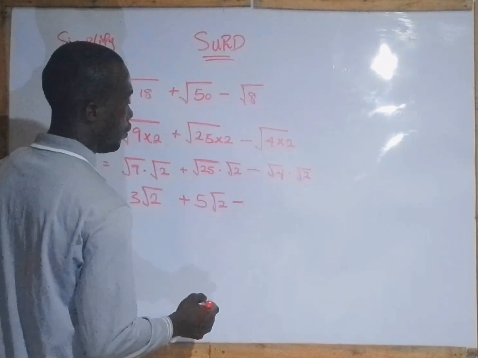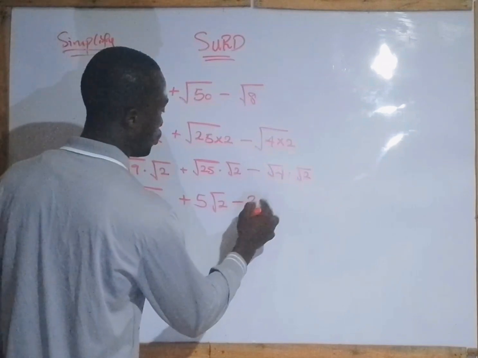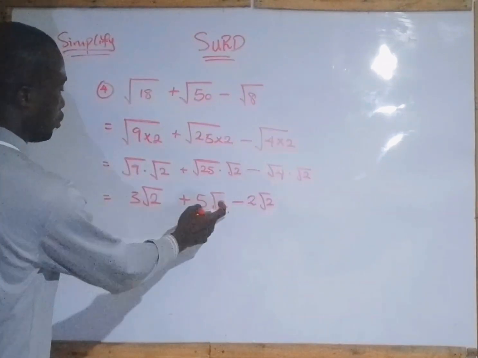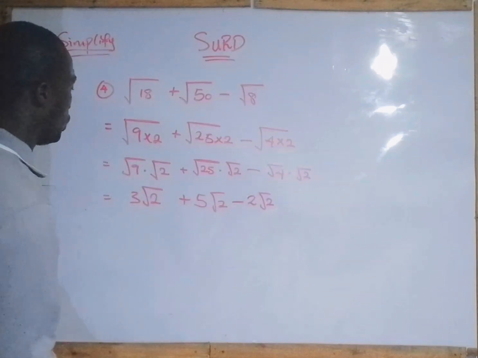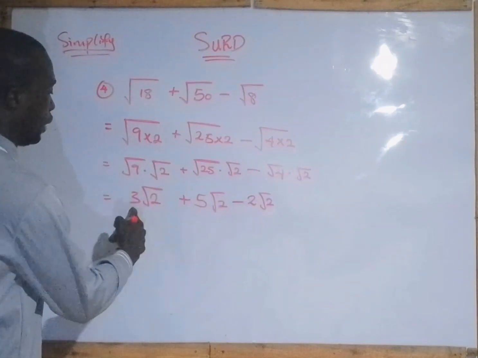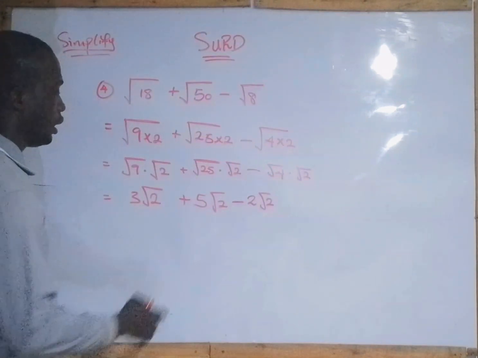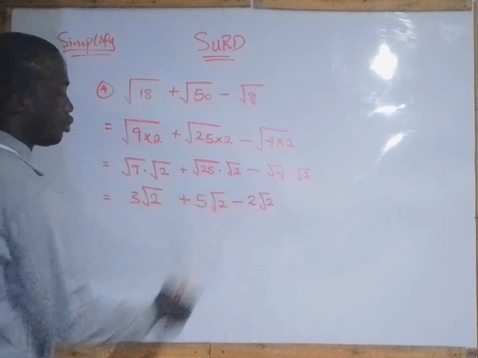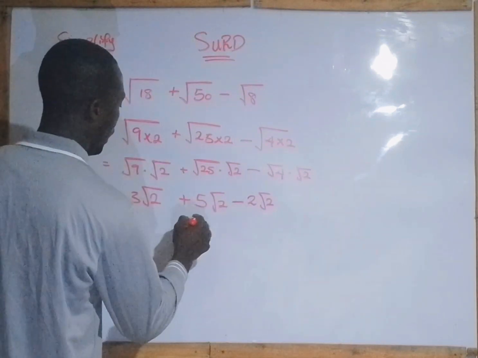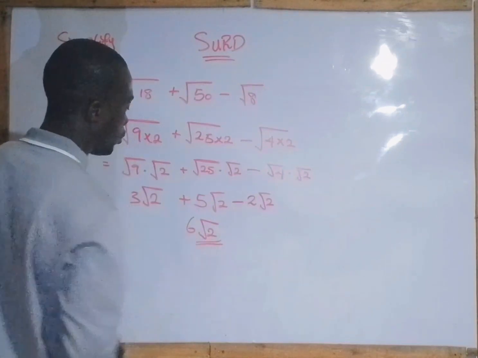We have root 4, which will give us 2, root 2. Since we have root 2 and root 2, what do we do here? We pick the numbers in front of them. We have 3 plus 5 will give us 8. 8 minus 2 will give us 6. So definitely we have 6 root 2.